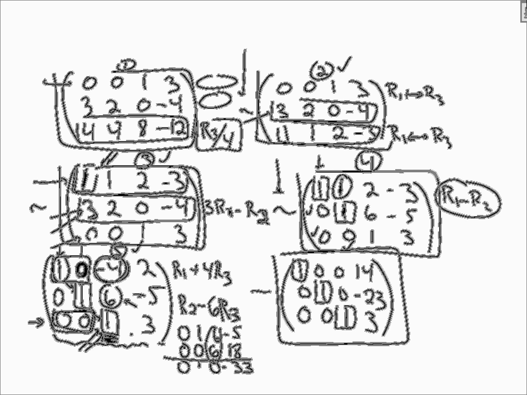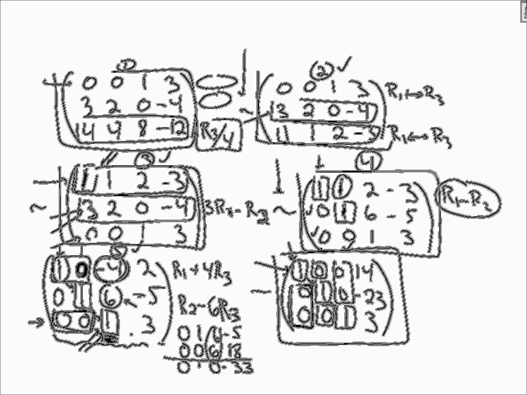And they do. And above and below each leading one are zeros. In column 1, that's my leading 1. What's below it is 0. There is no above. In column number 2, my leading 1 is right here in the middle. What's above and below are zeros.